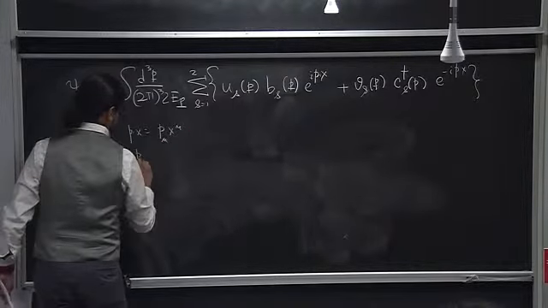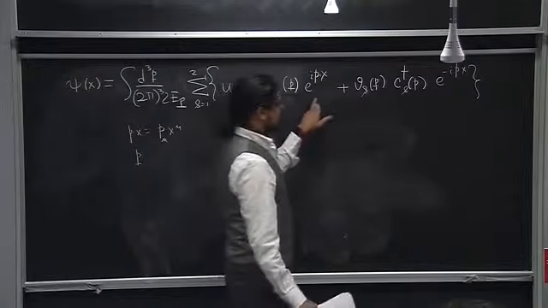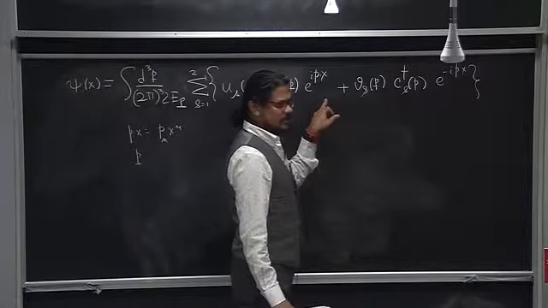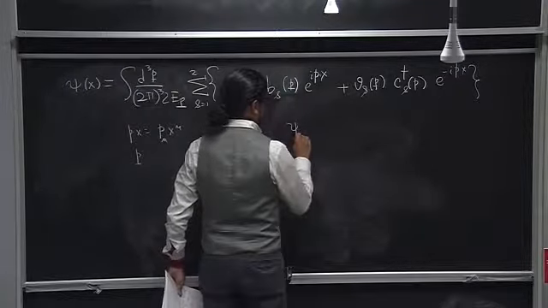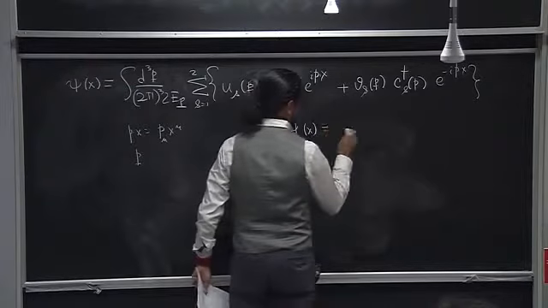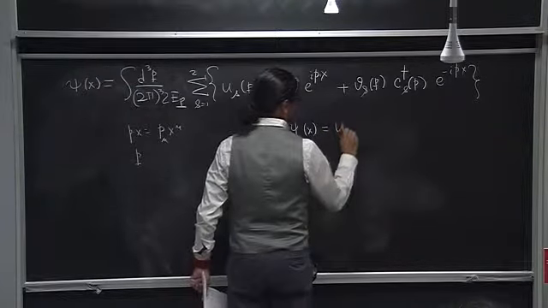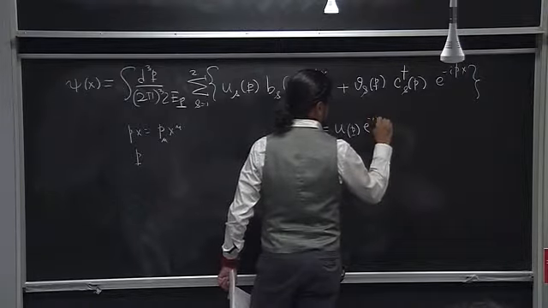And when I write p, this is a 3-vector. Remember when we found the solution of the classical Dirac equation, we said we take psi for some momentum p as u of p e to the power i x dot p.